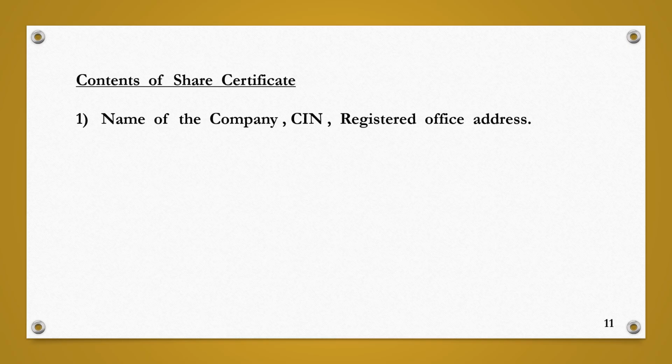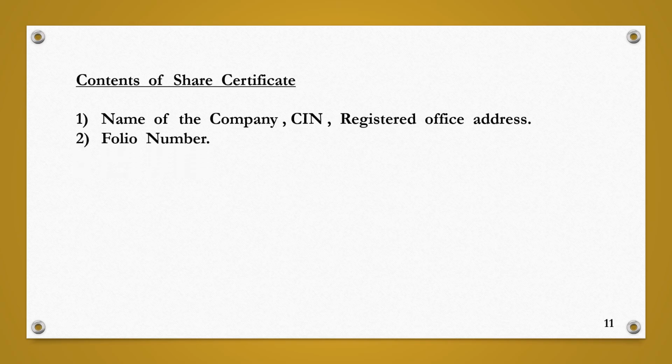CIN number is a unique number which is given to each and every joint stock company for its identification, and it is compulsory for all the companies to mention the same on all its documents. Next, it should also include the registered office address of the company.